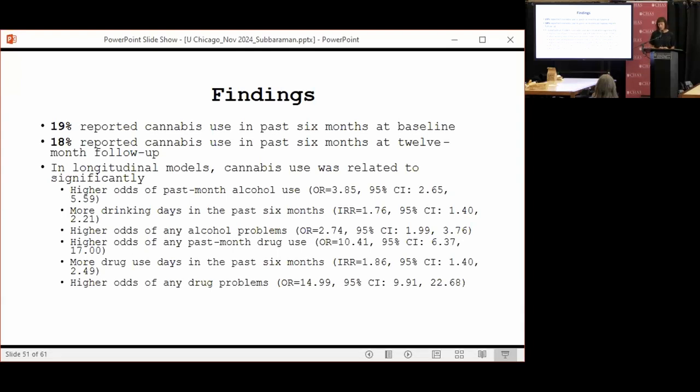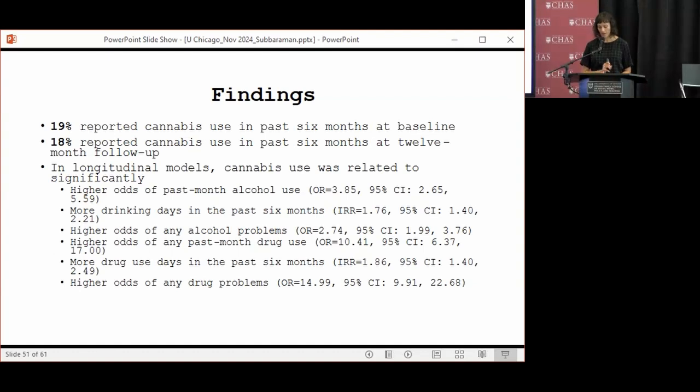In longitudinal models, we found that cannabis use was related to significantly worse outcomes across the board. So it's higher odds of alcohol use, more drinking days, higher odds of alcohol problems, more drug use days, that's more non-cannabis drug use days, and higher odds of non-cannabis drug use problems.